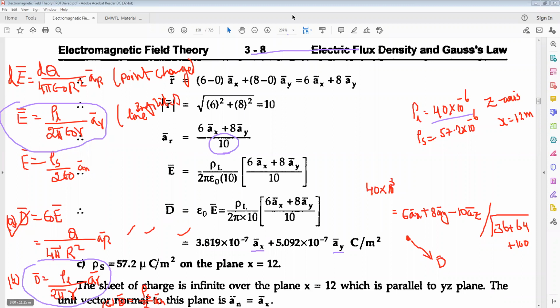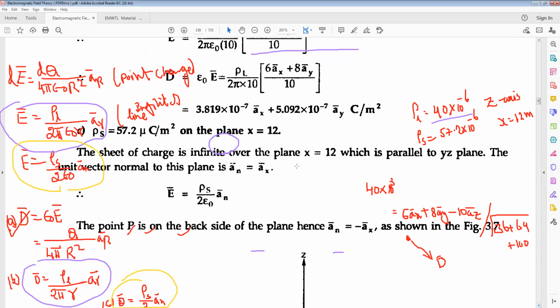Okay, and for the last one, you have to use the formula here. That formula is D bar is equal to rho S by 2. So E bar is equal to rho S by 2 epsilon naught. But AN bar is AX here, because it is given that X is equal to 12 meters, which is parallel to the YZ plane. So rho S by 2 epsilon naught AN bar.